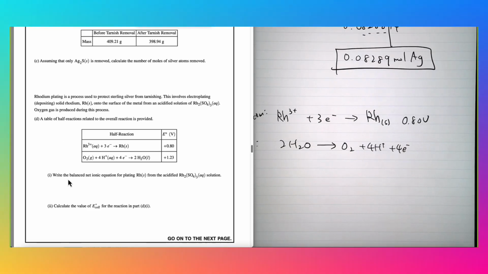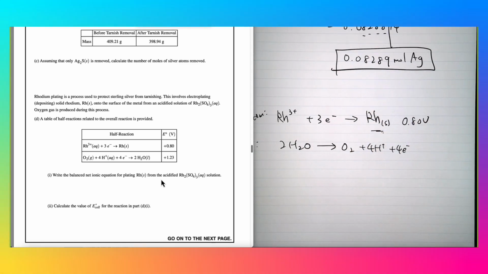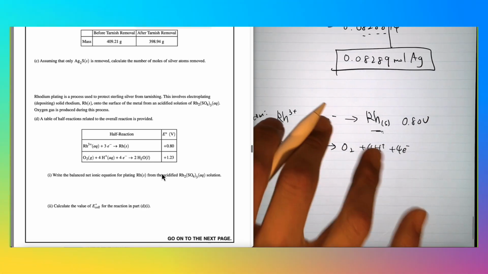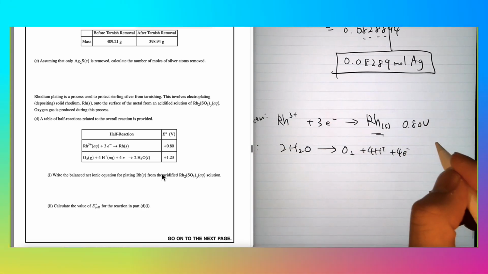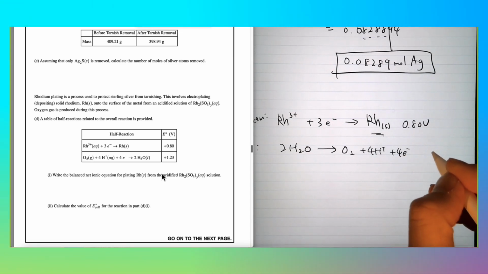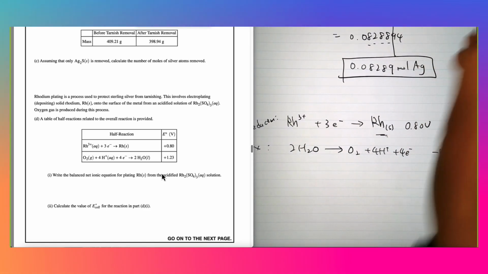Because part 1 asks us to balance a net ionic reaction for plating rhodium from the acidified solution, we need to keep the same number of electrons. So the least common multiple between 3 and 4 is 12. We multiply the top by 4.